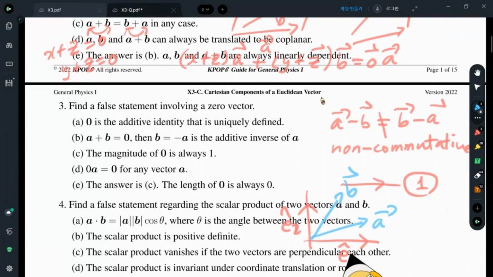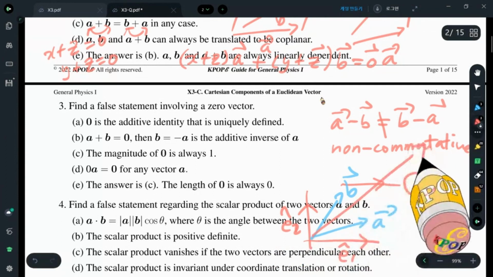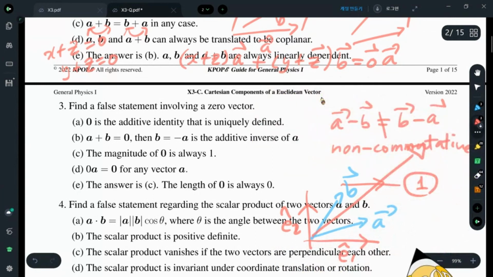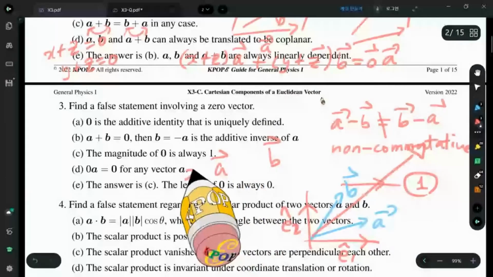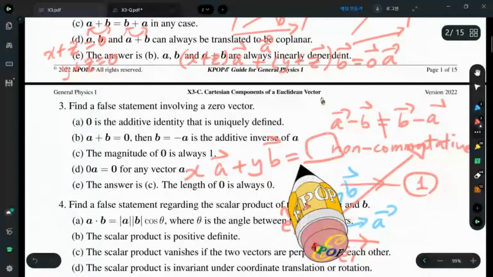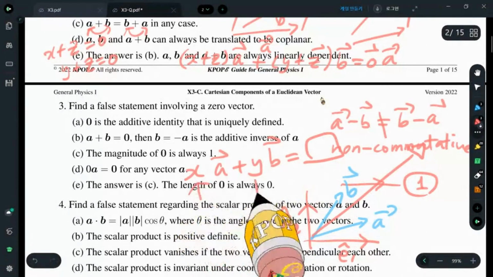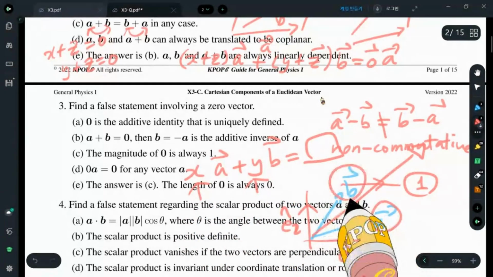So linear independence is very important because I can express any vector on this plane as a linear combination of these 2. Understood? And these components are uniquely defined only if I choose a linearly independent set.